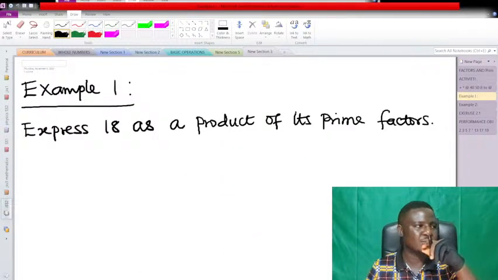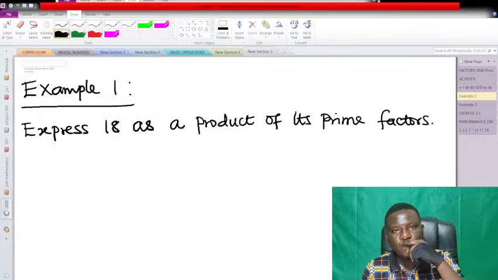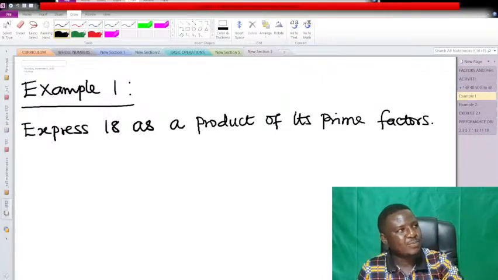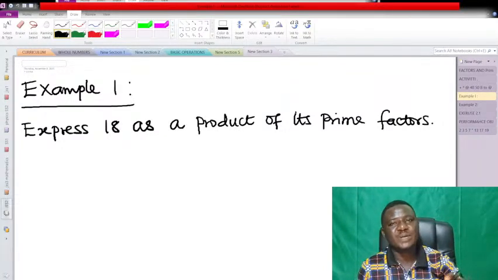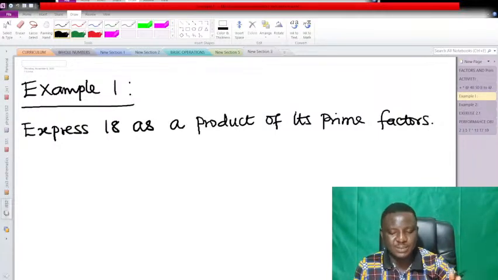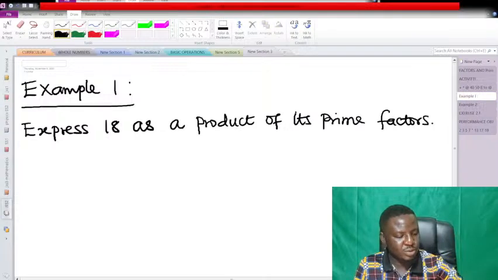Let's take examples. Example 1 says we should express 18 as the product of its prime factors. Expressing 18 as a product of its prime factors, we are going to use the long division method.